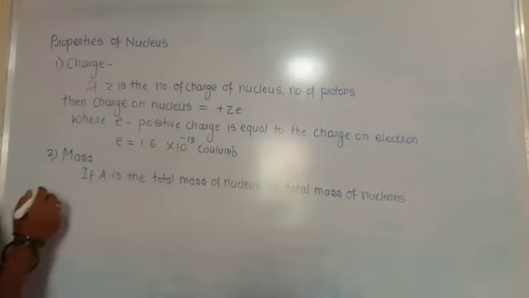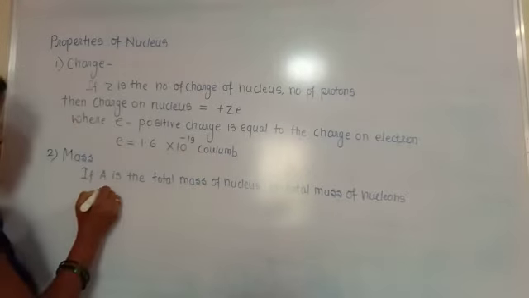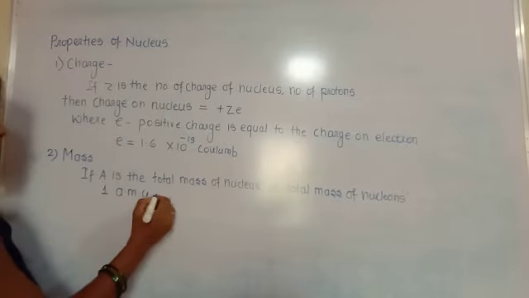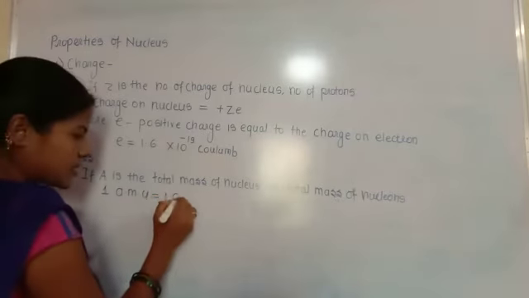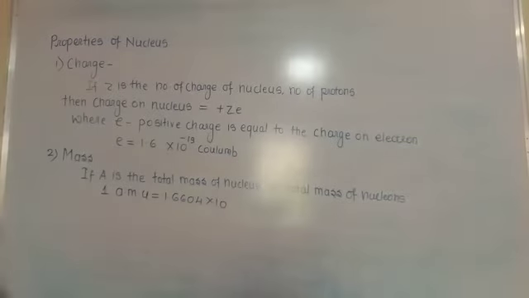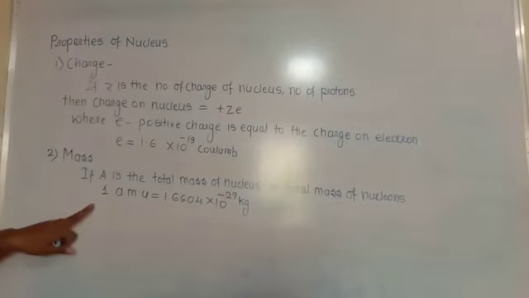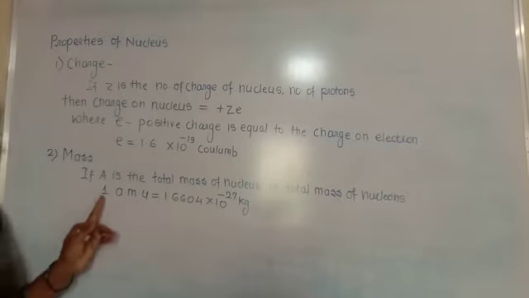Then the mass of nucleus is very nearly equal to A atomic mass units. 1 AMU, that is the atomic mass unit, is equal to 1.6604 multiplied by 10 to the power minus 27 kg. So the total mass of the nucleons is equal to A times the atomic mass unit.